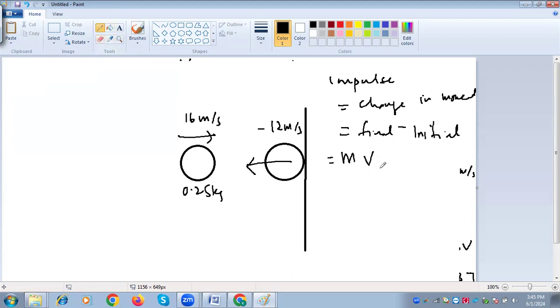So here mv minus mu, u initial velocity, v final velocity. 0.25 into minus 12, minus 0.25 into 16. Because the ball bounces off in the opposite direction, minus 12.